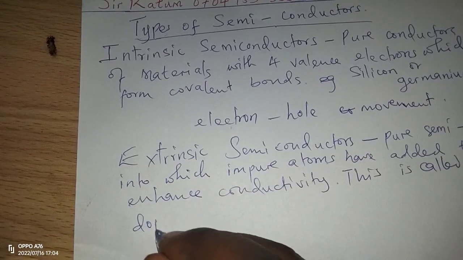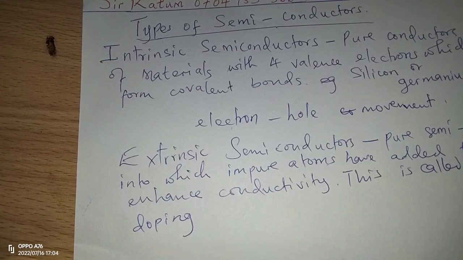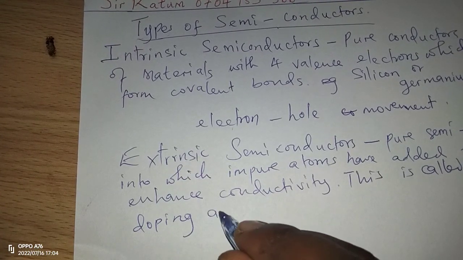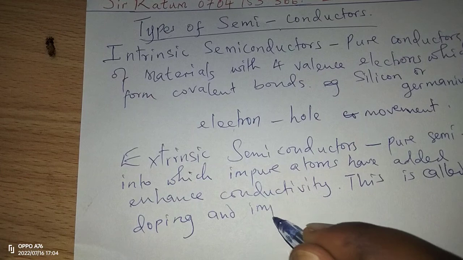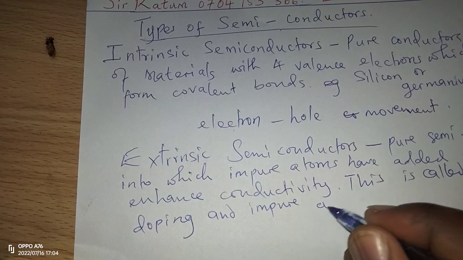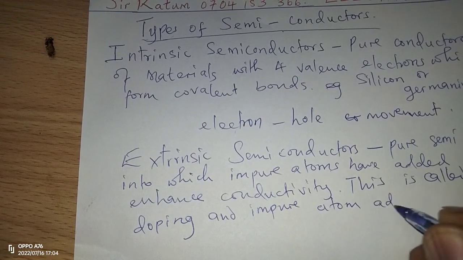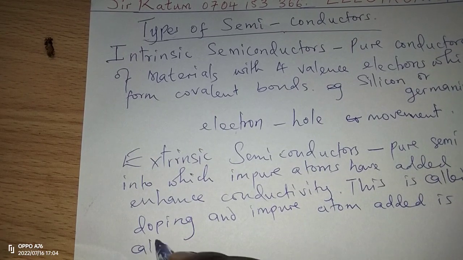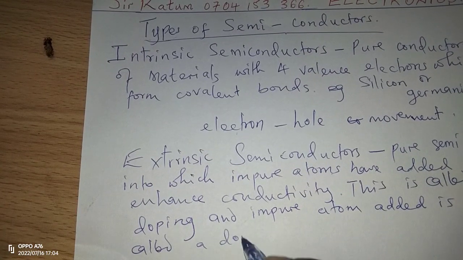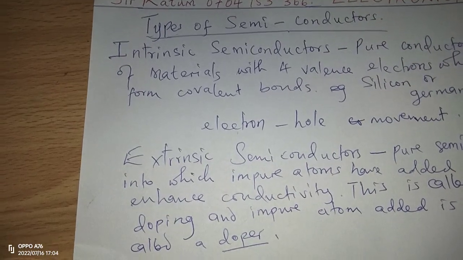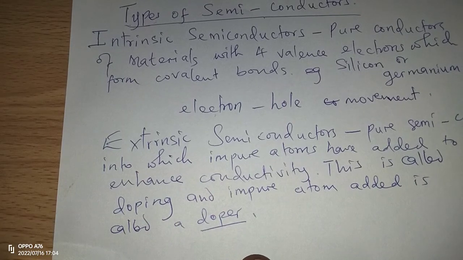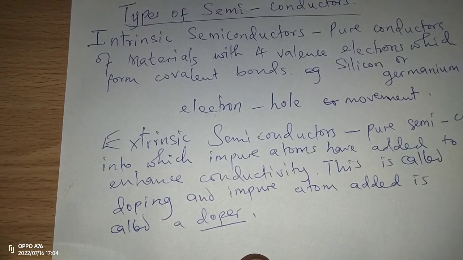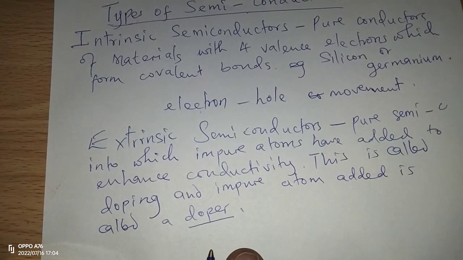So we say we have doped the pure semiconductor. And the impure atom added is called a dopant. So we are adding a dopant to the structure of a pure semiconductor so that the conductivity is enhanced or rather improved.